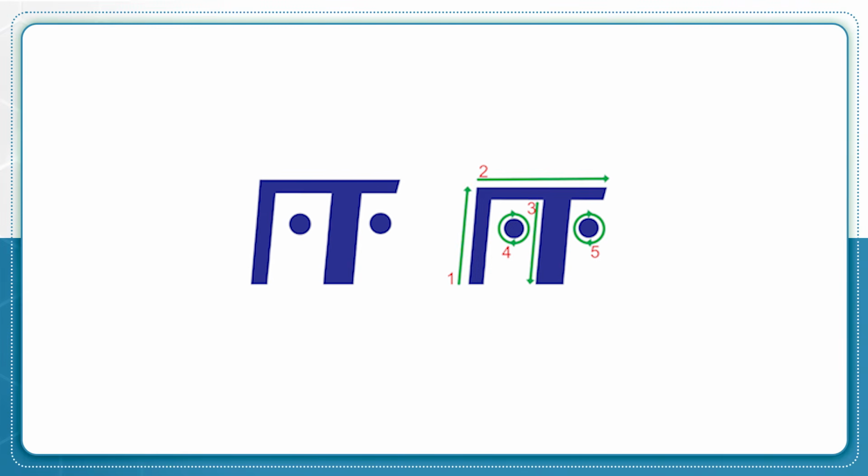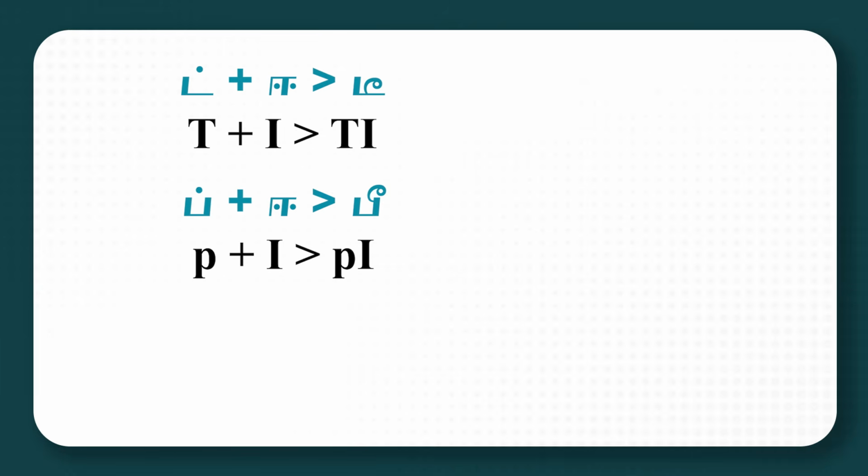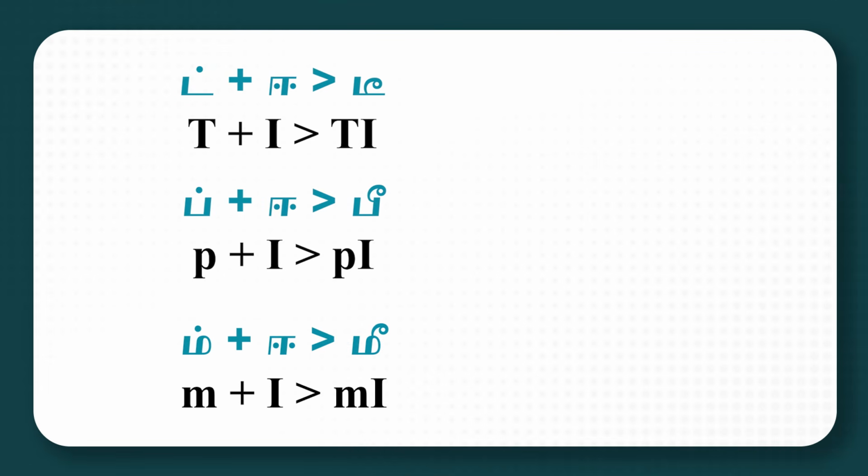Here, let us see some examples of introducing the secondary symbol of the letter E, which is displayed on the screen. It plus E, T, Ip plus E, P, Im plus E, Me.